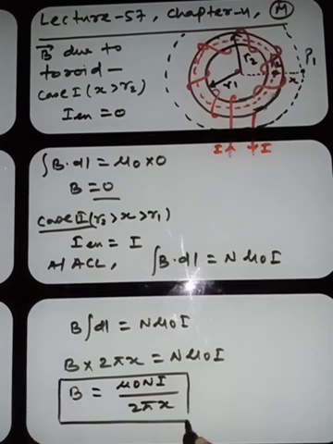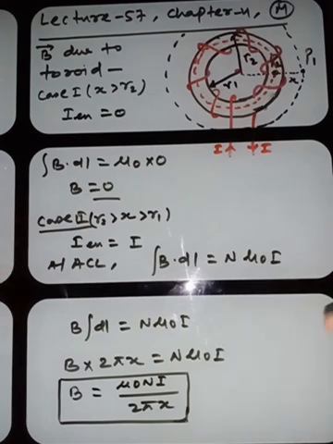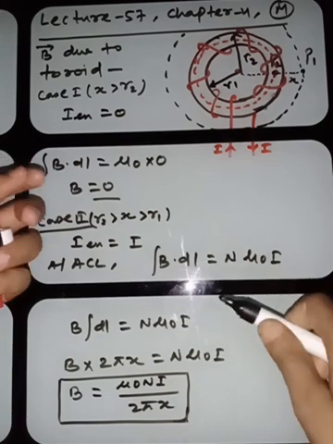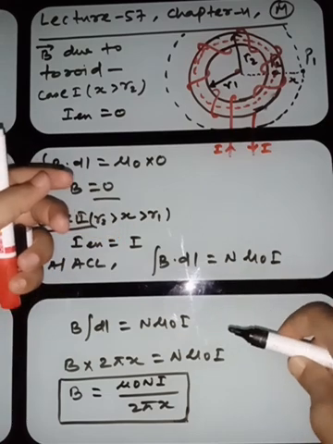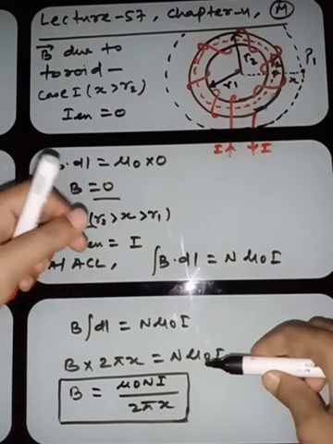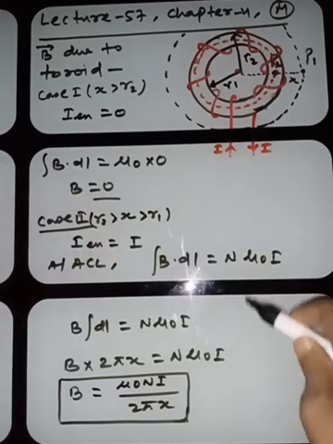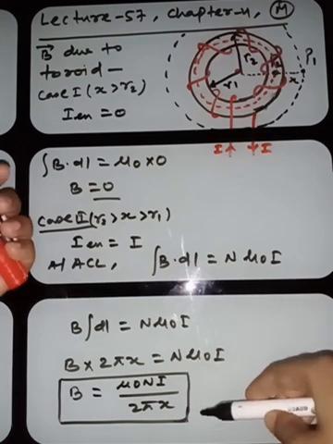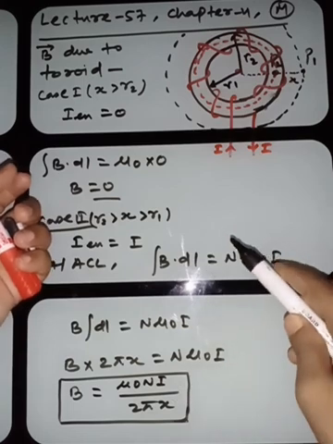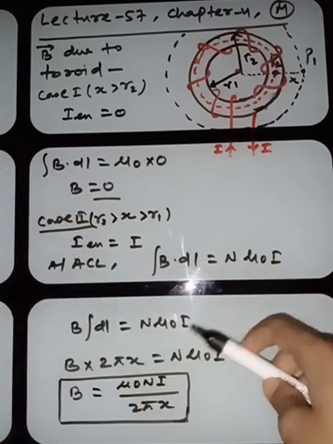This is the magnetic field inside the toroid. Remember, student, the net current passing through inside was I, and we have taken n as the number of turns. Here x is the observation length from the center.